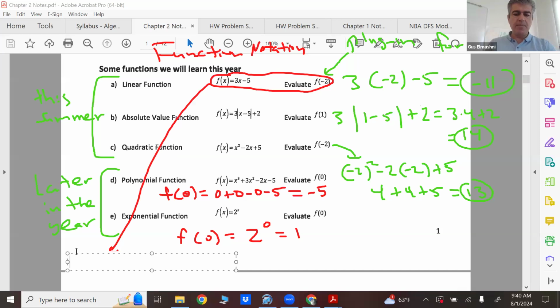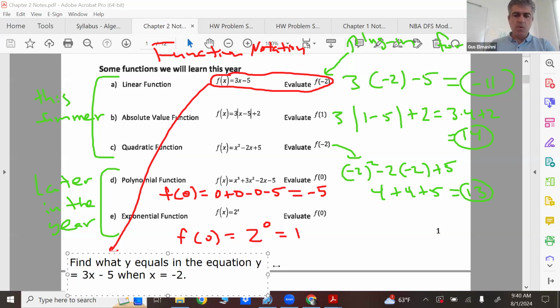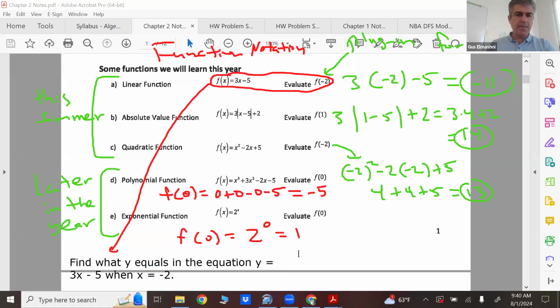You could say find what y equals in the equation y equals 3x minus 5 when x equals -2. Or you could say this.